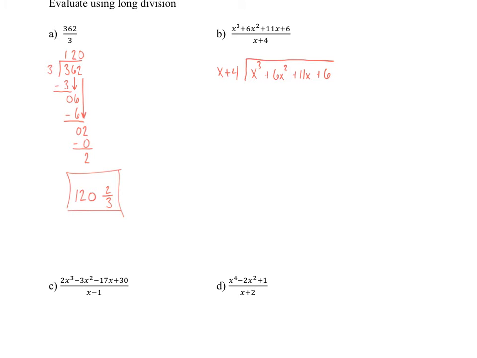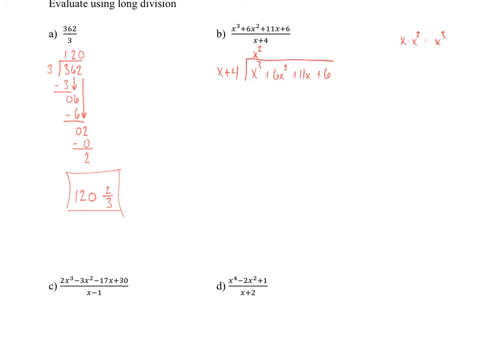As far as how many times this goes into this, we really only care about the lead term. So whatever this is, we're going to figure out how many times does x go into x cubed. X goes into x cubed x squared times, because x times x squared is x cubed. So that's how many times it goes into x cubed.